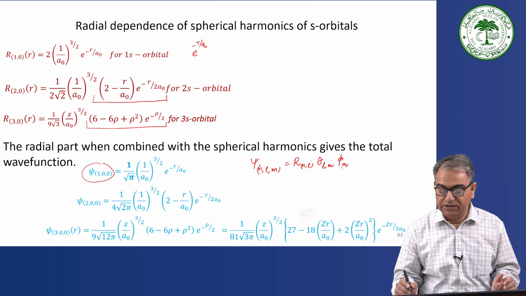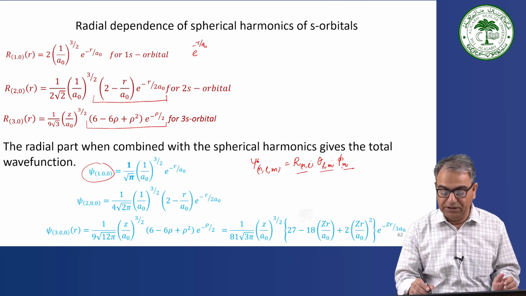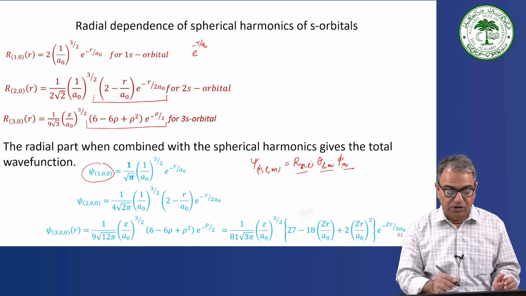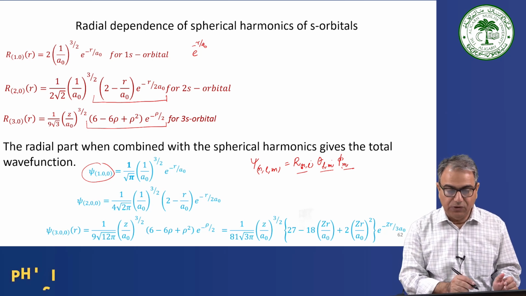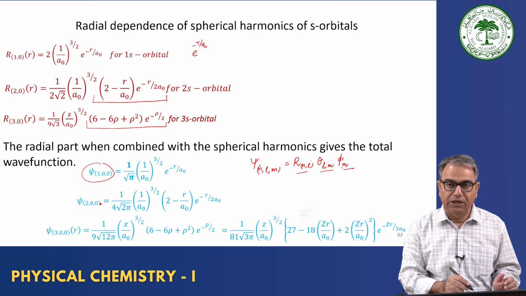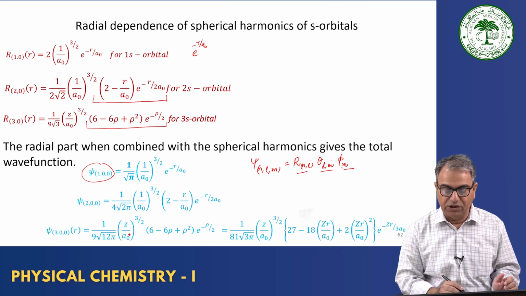So the total wave function is a combination of R n l, Theta l m and Phi m, and the representation is psi n l m. When I write psi 1 0 0, it means n is equal to 1, l is equal to 0 and m is equal to 0, so obviously it is the 1s orbital. When I write psi 2 0 0, it means n is equal to 2, l is equal to 0 and m is equal to 0, so obviously it is the 2s orbital.